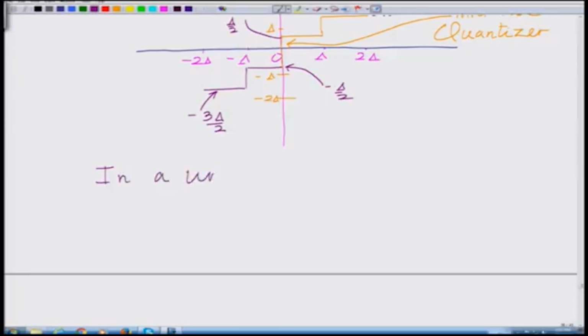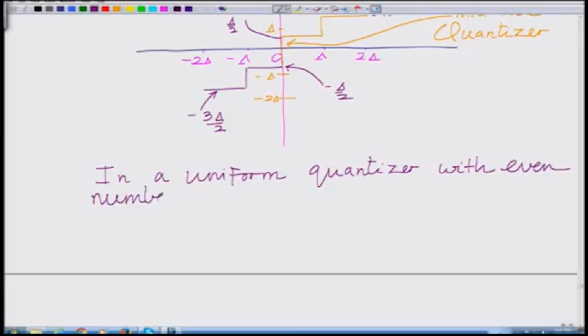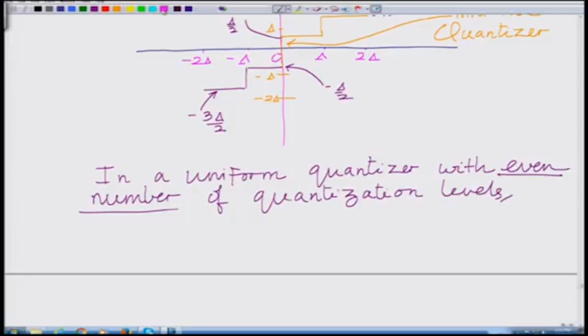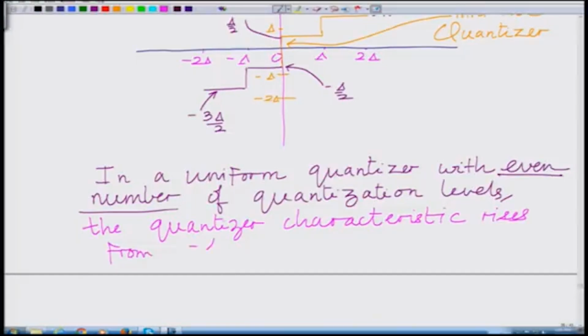So in a uniform quantizer with an even number of quantization levels, the quantizer characteristic rises from minus delta by 2 to delta by 2 at x equal to 0, or basically the input equal to 0.